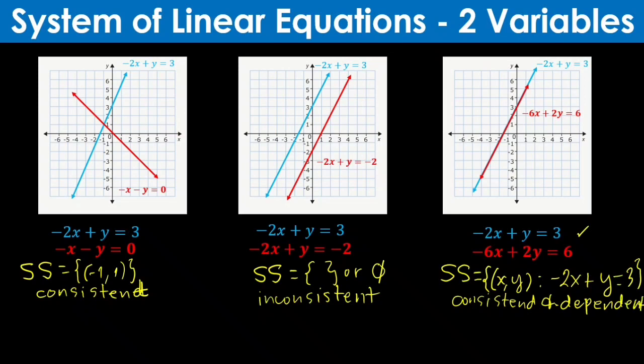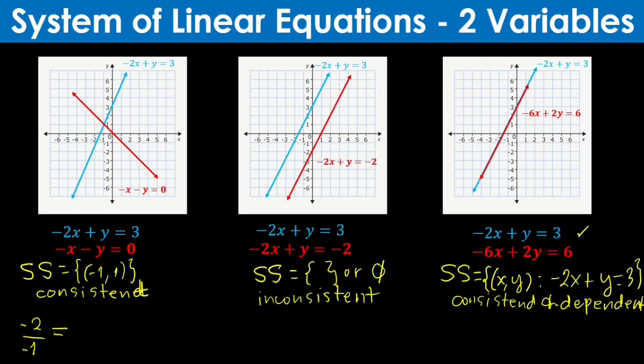Now notice here, if you look at the system of equations, take the ratio of the coefficients. We'll have the ratio of the coefficient of x, that's -2, and the coefficient of x in the second one, which is -1. Now, you can say that the system is consistent and independent if the ratio of the coefficients of your y and the coefficient of your x are different.